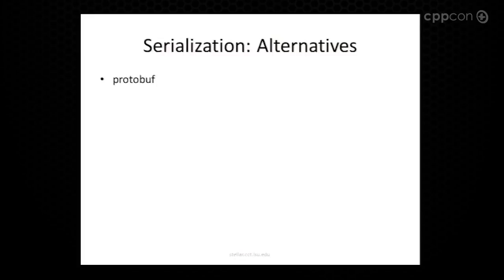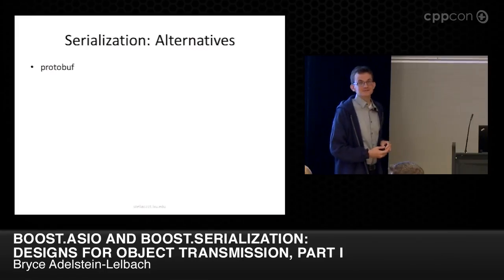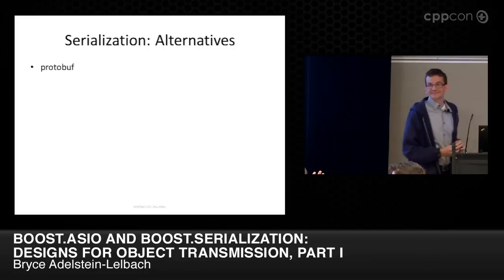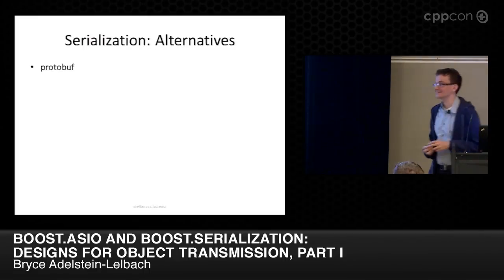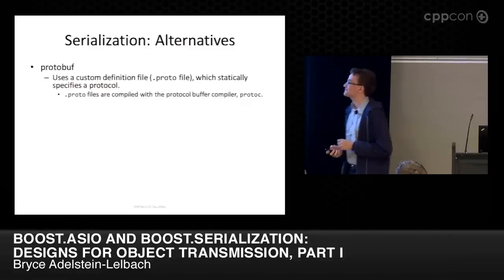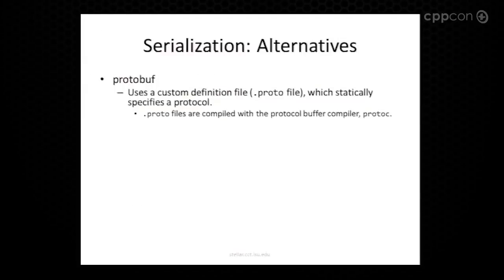All right, so we'll talk a little bit about some of the alternatives here. Protobuf, I think, is the main one. Who here has used protobuf or has heard of protobuf? Who here has used Boost.Serialization? Uh-oh, hostile audience. I guess I shouldn't say anything bad about protobuf. Protobuf's actually a really, really good library for a lot of things. But I don't think for object transmission it's the best solution out there.